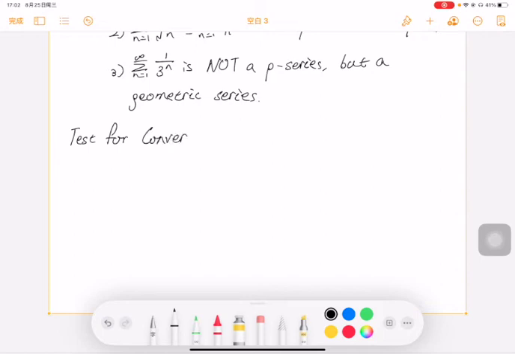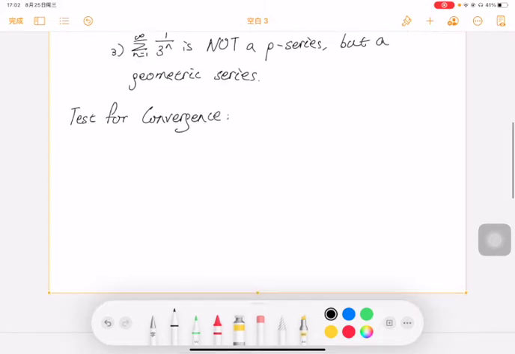Now, of course, when you see a series, you ask the question, does it converge? Here is a simple rule to determine whether a P-series converges.